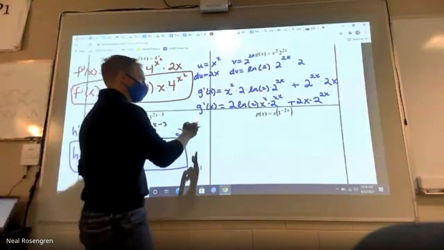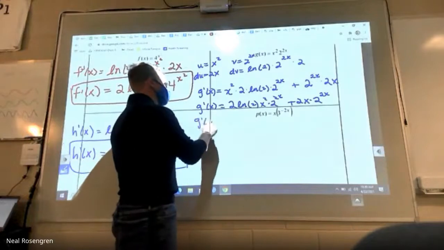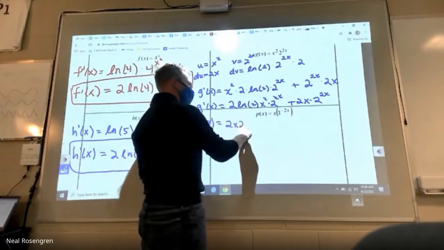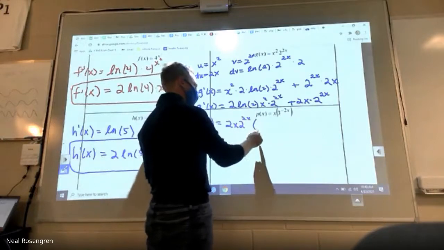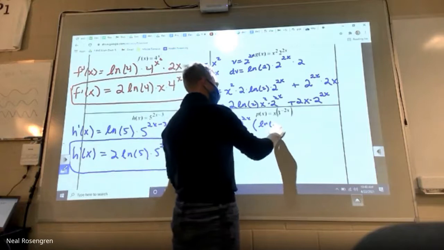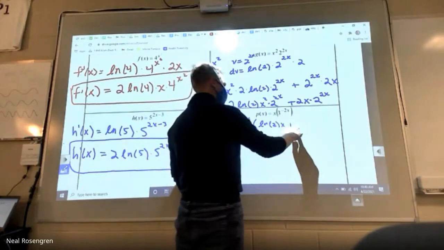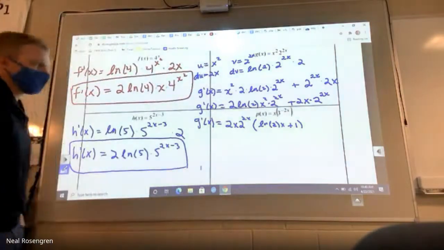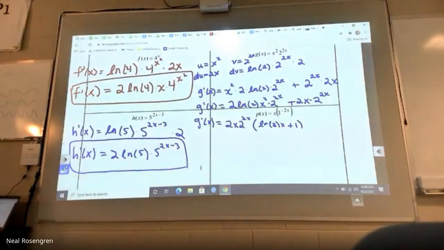Here's what the factored version would look like in case you like it better. So I've got 2x, 2 to the 2x in common, which means what I've got left is ln of 2 x plus 1. I don't know that that looks any better. Maybe it does, though. Maybe you like that. Totally up to you.